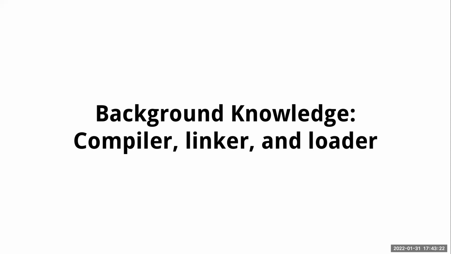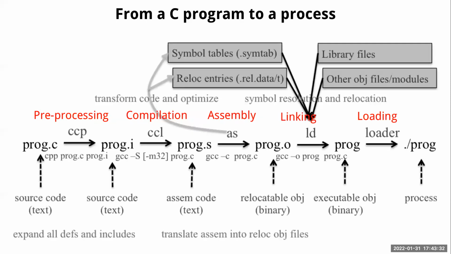Okay, let's go ahead. First piece of background knowledge, I will talk about compilers, linkers, and loaders. Let's take a look at how to compile a C program into binary code, machine code, and run it on some operating system and hardware.